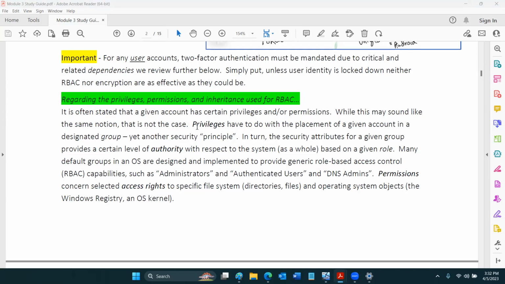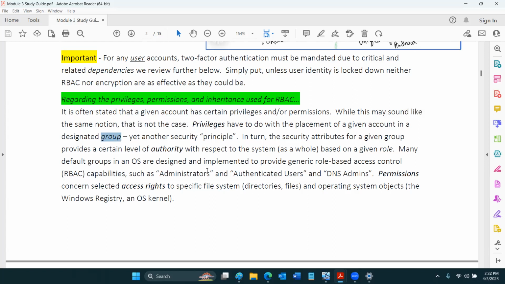Now, privileges again have to do with the placement. So it's really important to keep things straight in your mind about the concepts. We want to use specific terms. So when we talk about a privilege, a user has a specific privilege because they're placed within a certain group, meaning the logical representation of that user, their account, is a member of a designated group, right?